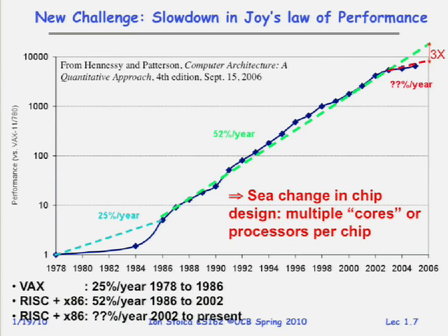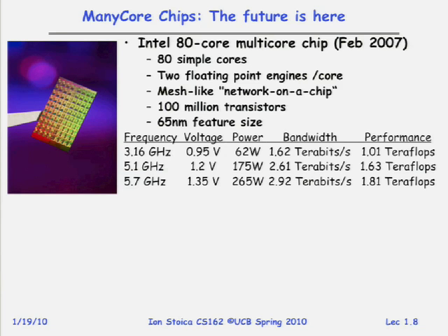Okay, and if you look actually at the frequency of the chips, when you buy a computer today, in terms of frequency, you are going to have what? 3 gigahertz, a little bit more. This was the case last year.